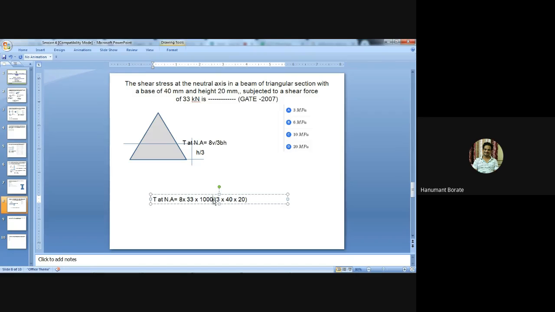Here also we can use the conventional method to find the shear stress at the neutral axis, but by formula we can directly find the answer. 8 into 33 into 1000 divided by 3 into 40 into 20.